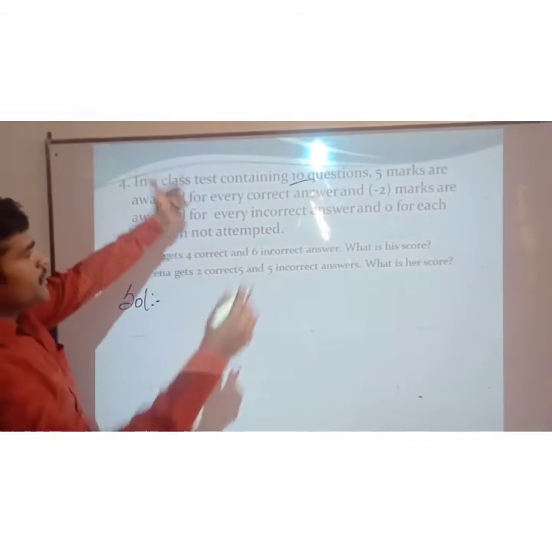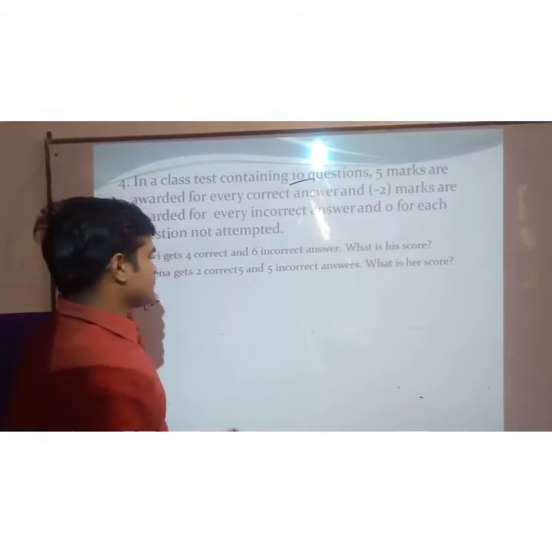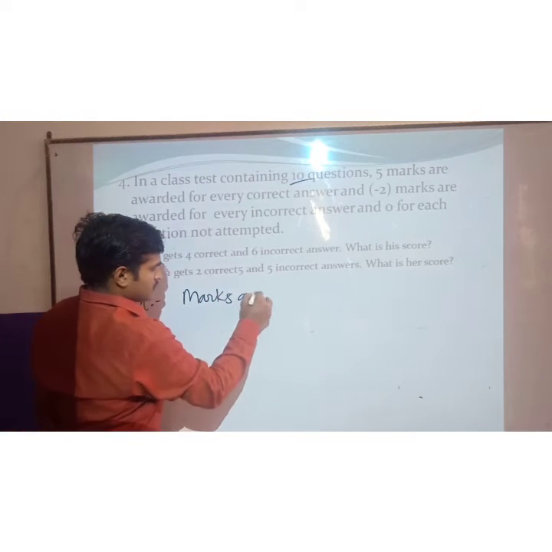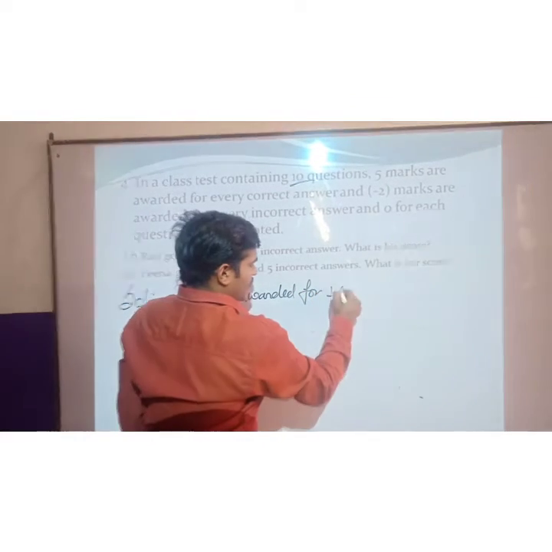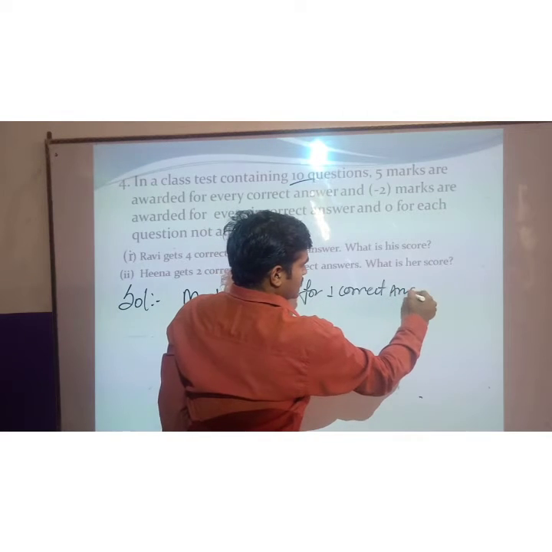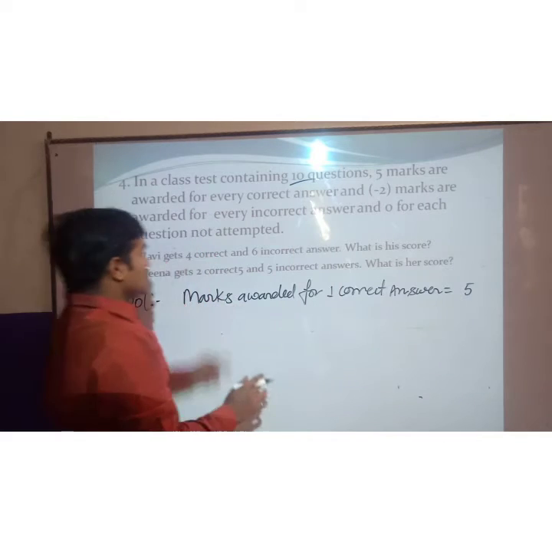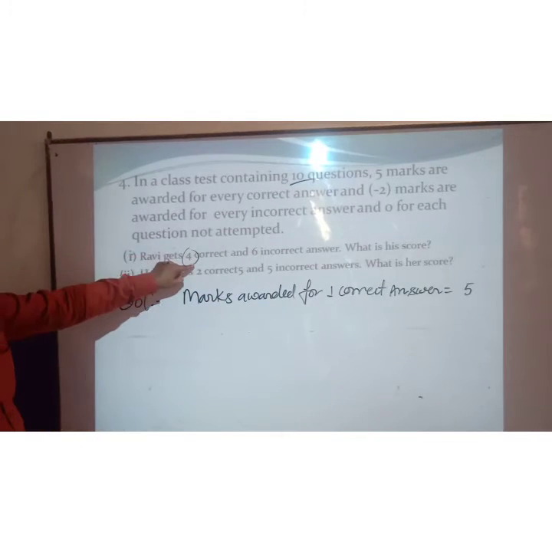Students, given that 5 marks are awarded for each correct answer, so marks awarded for 1 correct answer is equal to 5, that is plus 5. How many questions did Ravi get correct? Ravi got 4 correct.